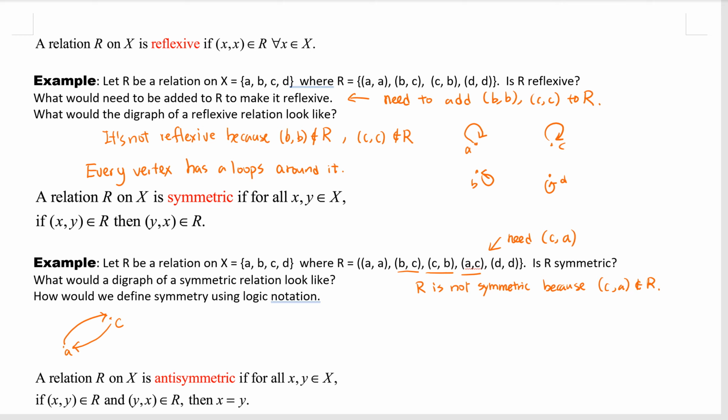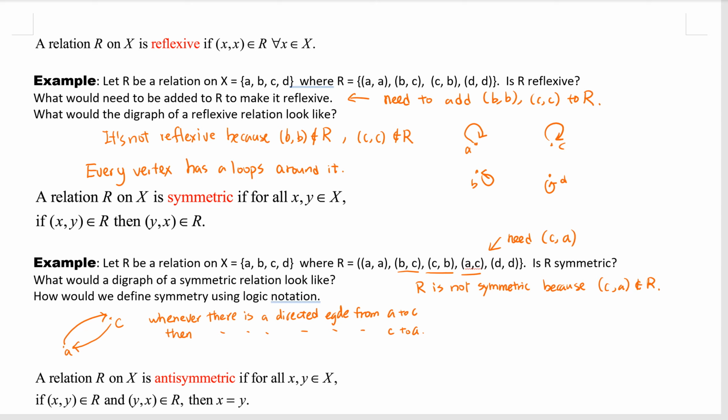So in a symmetric digraph, whenever there is a directed edge from A to C, there is a directed edge from C to A. So you see this kind of graph.